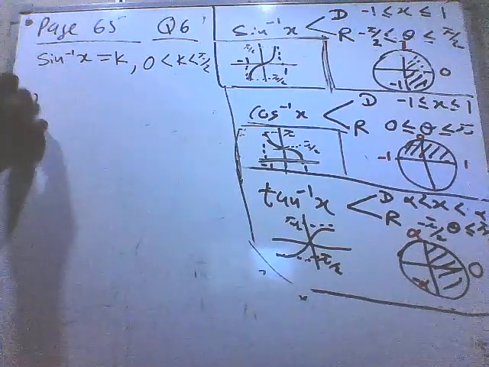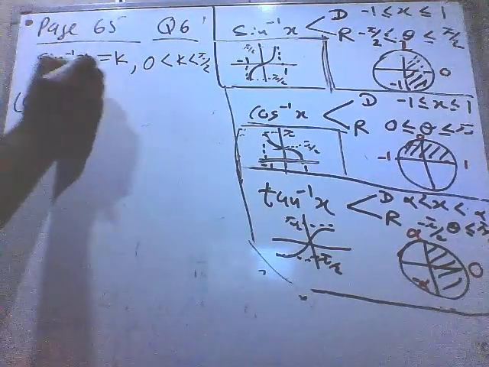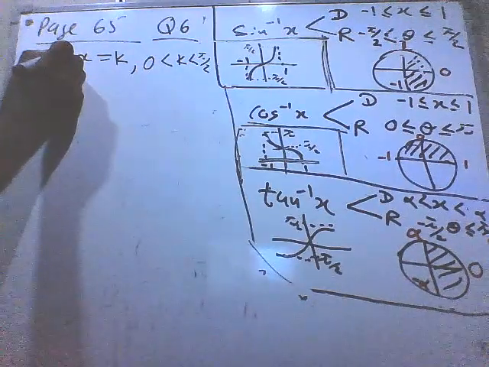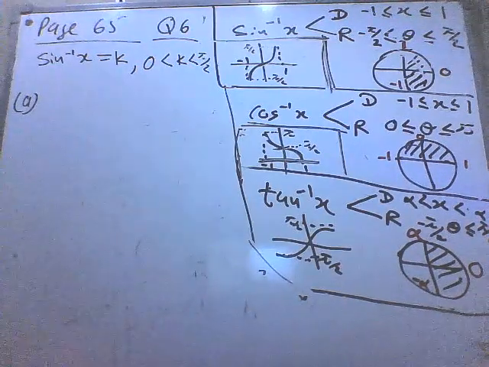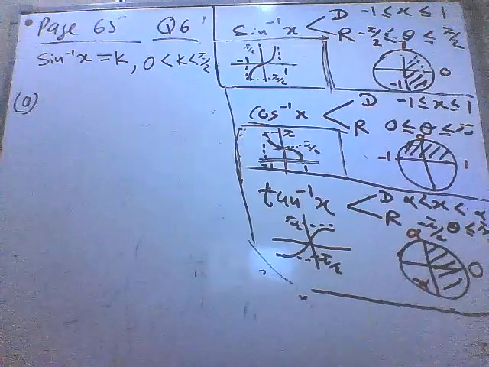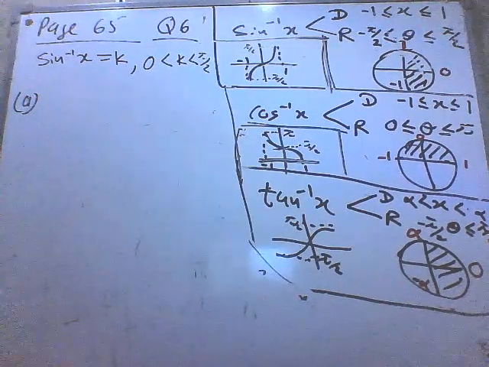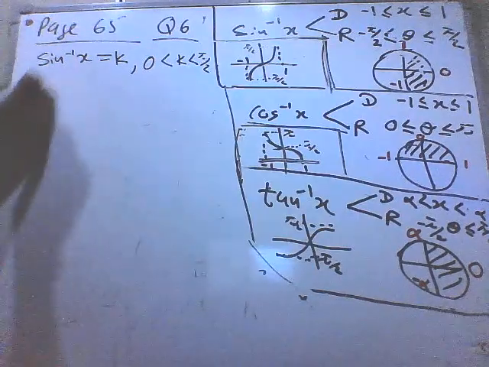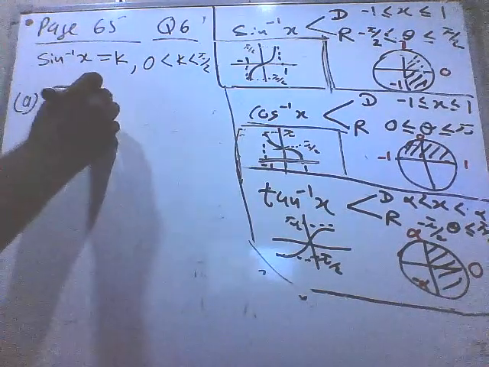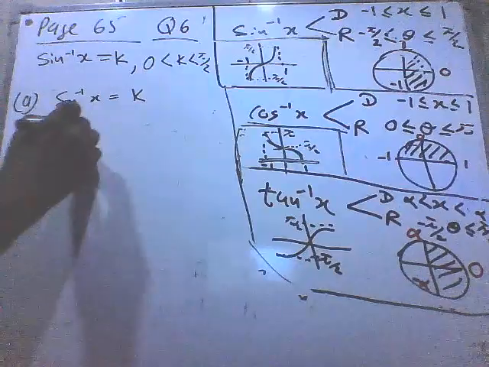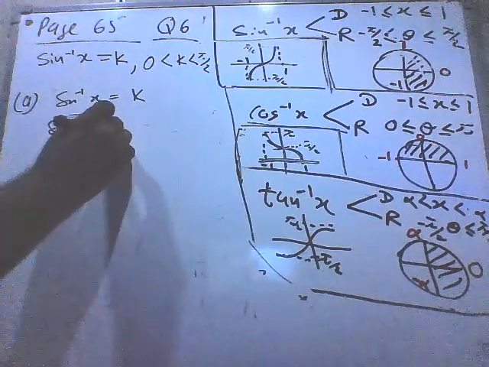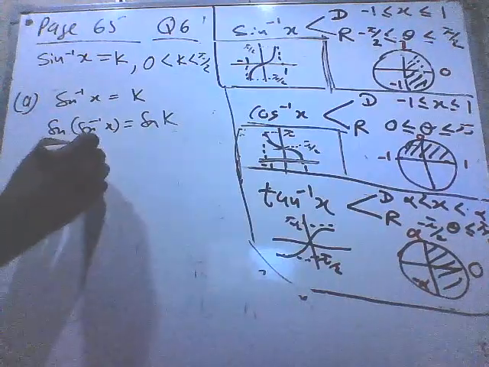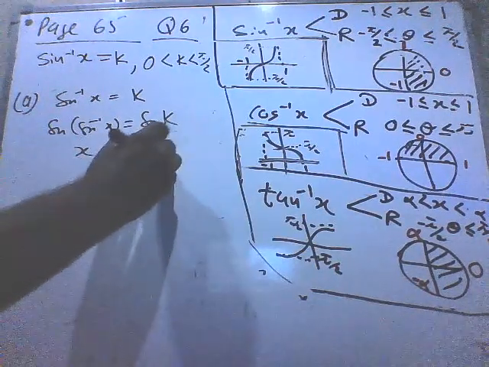So part A, possible values of x. If we write sine inverse x equal k, then x is equal to sine k.